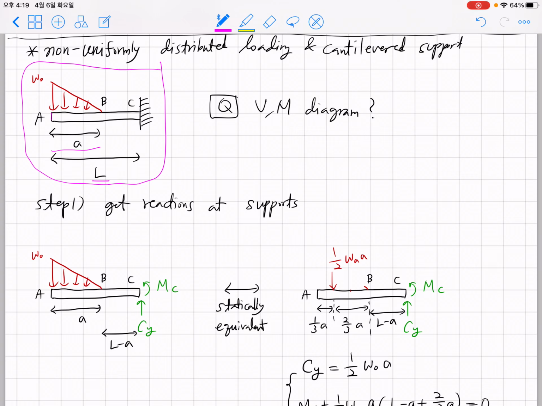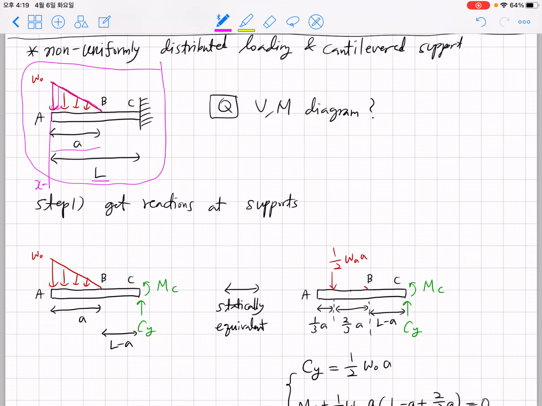So at the free end we have zero reaction force, V to be 0. And the difference between the current example and the previous lecture is that now we have quite large distributed loading at the left hand, but this distributed loading decreases and it becomes exactly 0 at x equals a.